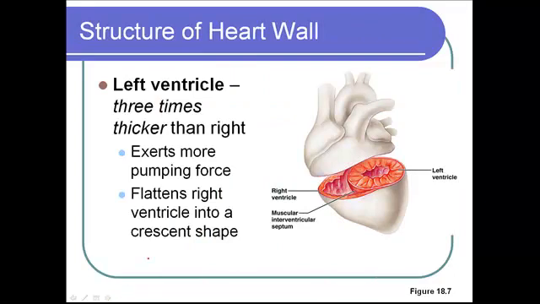So the structure of the heart walls, the left ventricle, since it has to pump out to the body, is far thicker than the right ventricle. And the wall between the right and left ventricles is called the interventricular, because it's in between the ventricles, septum. Interventricular septum. Okay.